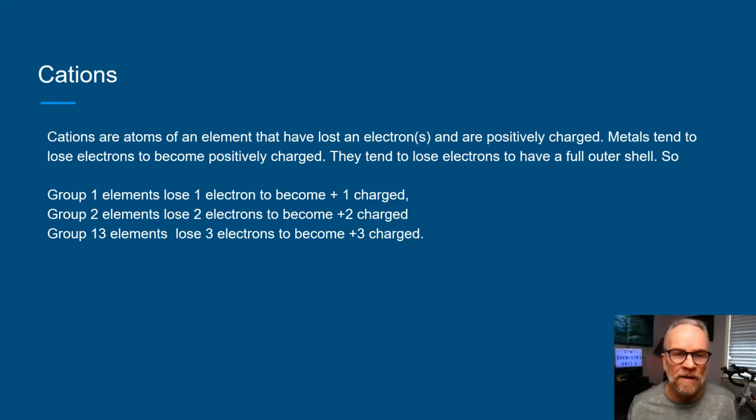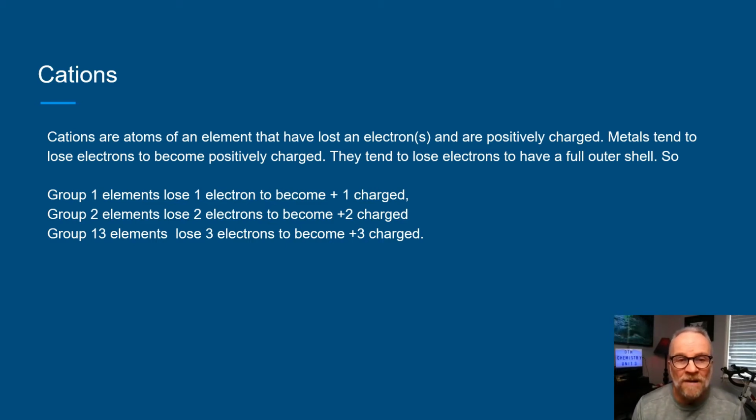About cations. Cations are elements that have lost electrons and are positively charged. Metals tend to lose electrons to become positively charged. They tend to lose electrons to have a full outer shell. So group 1 elements lose 1 electron and become positively 1 charged. Group 2 lose 2.